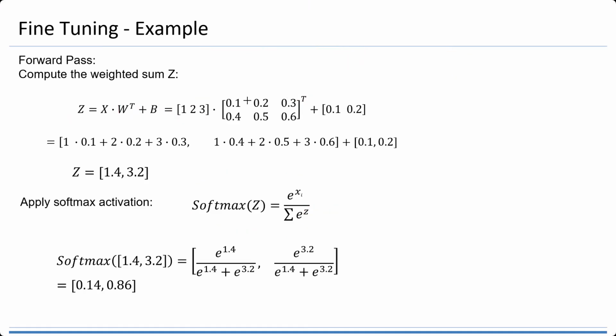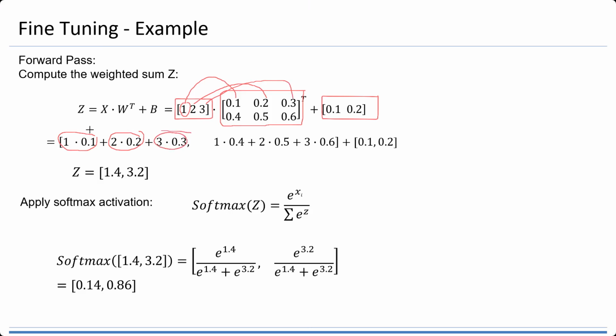So with this matrix multiplied by this matrix plus the bias, you get 1 multiplied by 0.1, 2 multiplied by 0.2, 3 multiplied by 0.3.